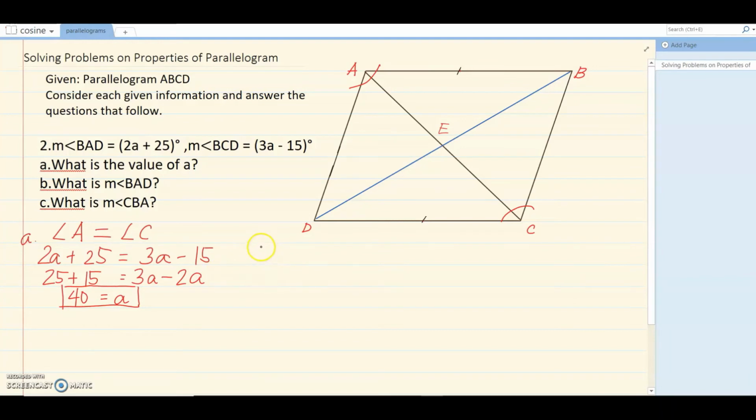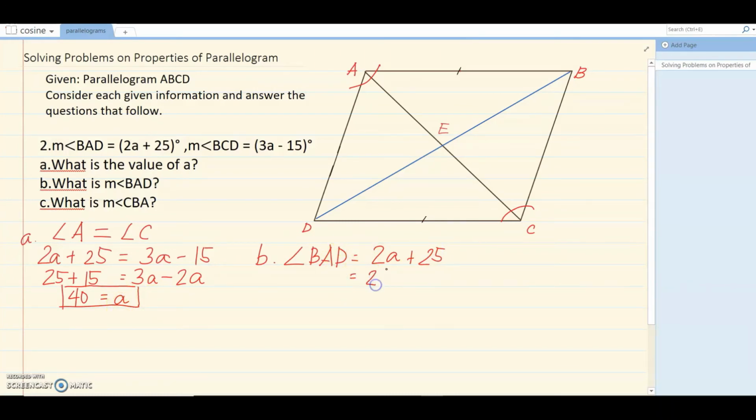Next, for letter B, what is now the measure of angle BAD? Or angle A for that matter, since the measure of angle BAD, lagay muna natin, angle BAD is 2A plus 25. And we already have the value of A, which is 40.